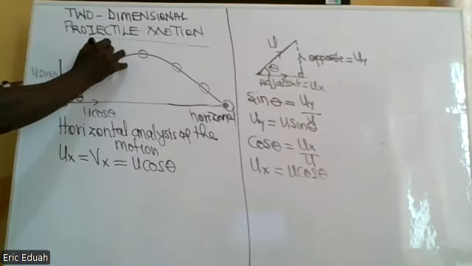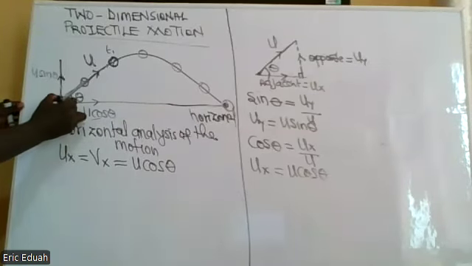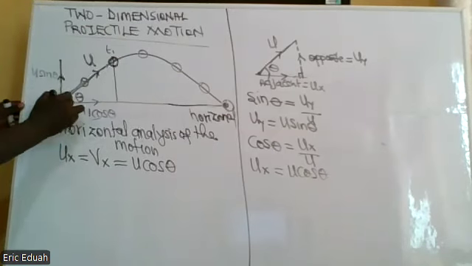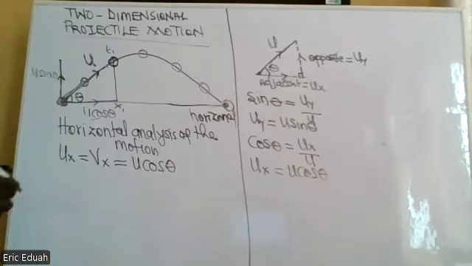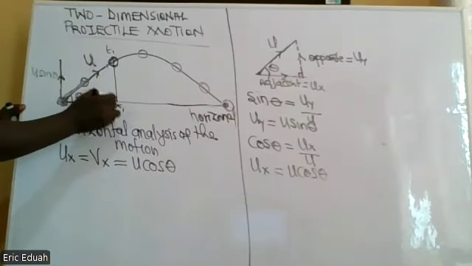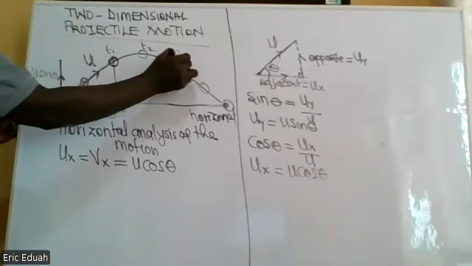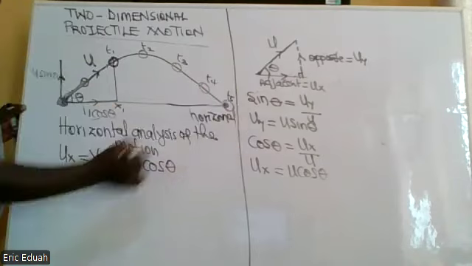At time t1, it is here. So if I want to determine how much it is displaced, it is this distance. Let's assume this is x1. So OX1, then at T2, T3, T4, and finally T5.